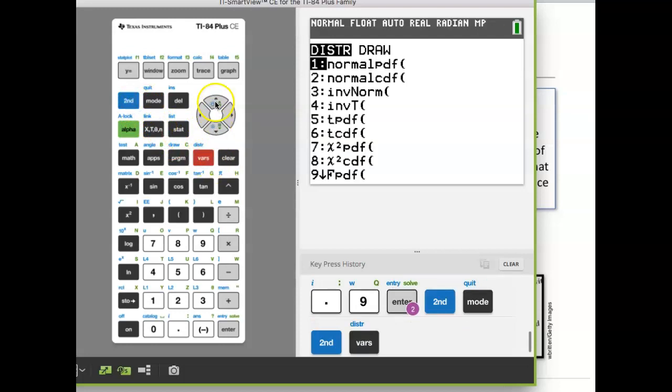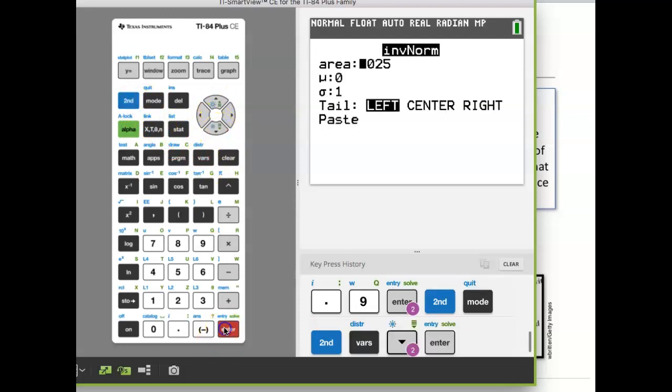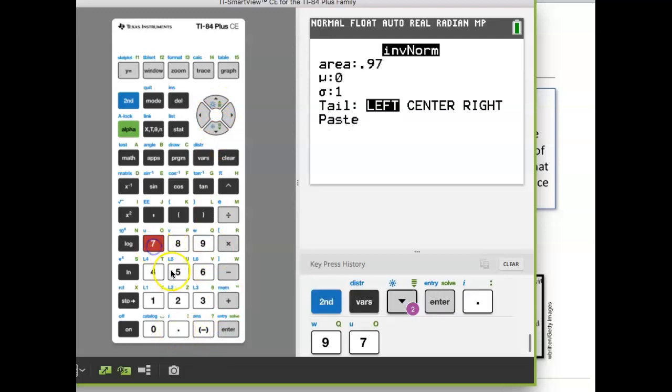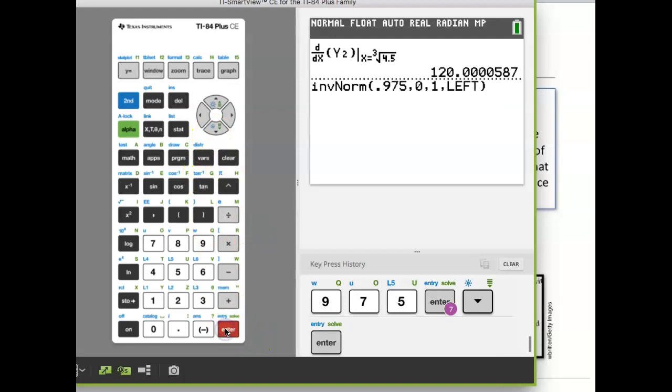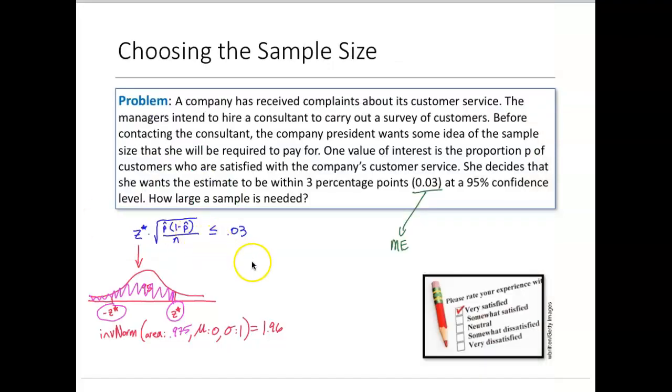So second variables and then inverse norm, area 0.975. There we go. We get about 1.96, and that's our critical value. All right, so our z critical value is 1.96 times the square root.